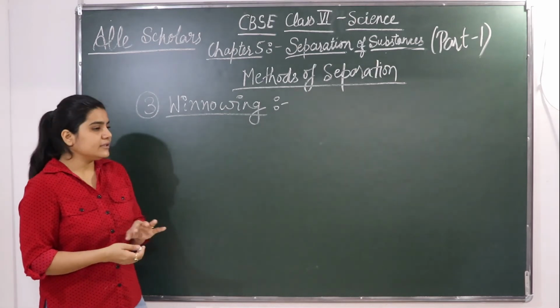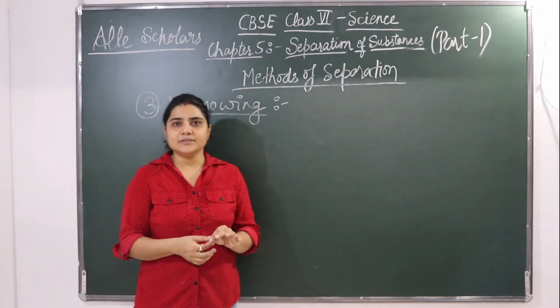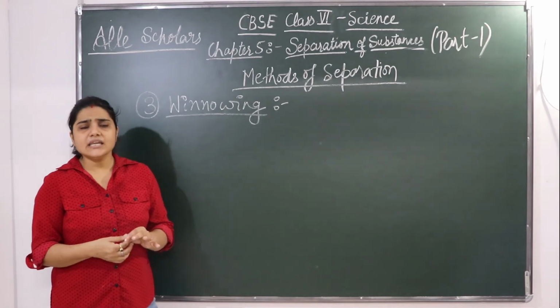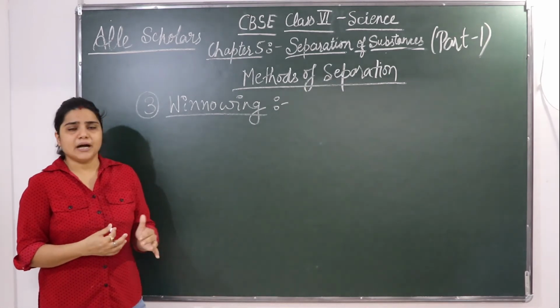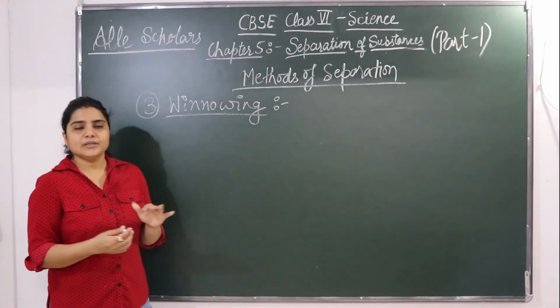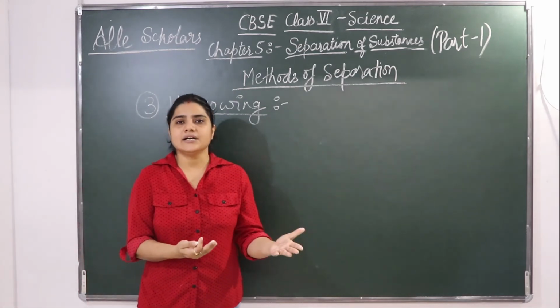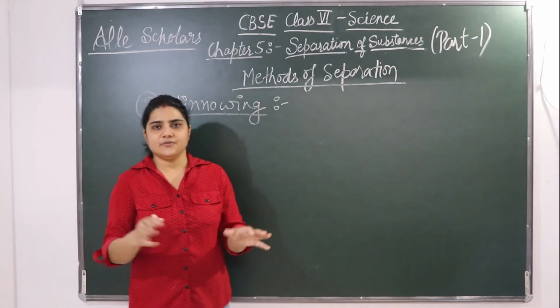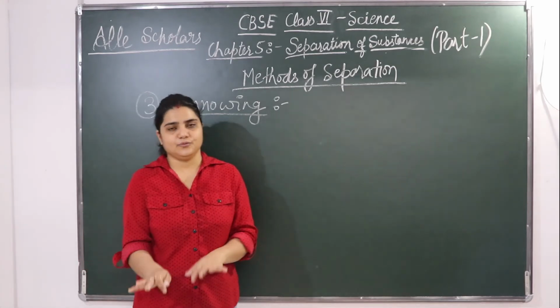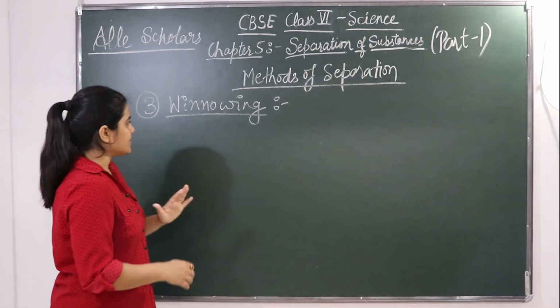This method is commonly used by farmers to separate lighter husk particles. As we know, the seed grains are heavier and the husk particles are lighter in weight. So the heavy and light are separated in such cases.